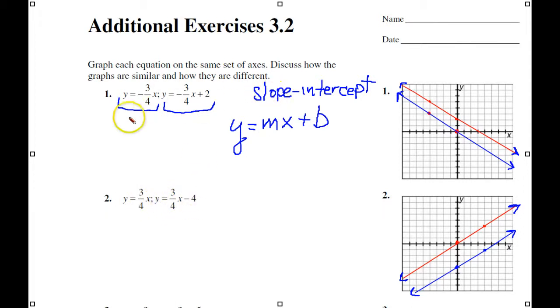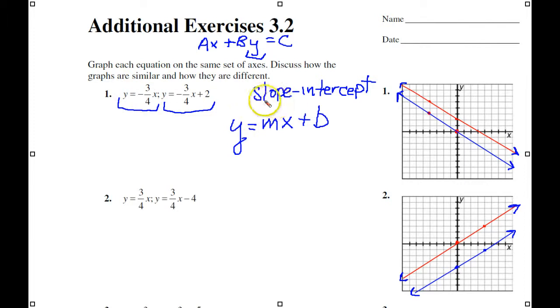So when we have solved a standard form equation, and I'm reviewing that because we saw some of these in the previous section, ax plus by equals c. We said this was standard form of the linear equation in two variables. The variables were x and y. If we solve for the letter y, we get an equation that's in this form.